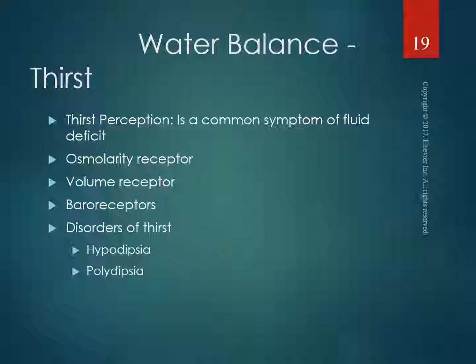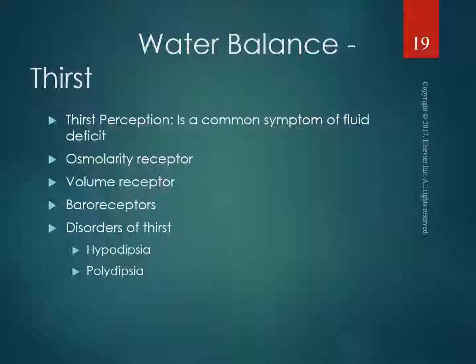As the volume in the arterial system declines, the blood pressure decreases, heart rate increases, and the pulse becomes weak and thready. Postural hypotension is an early sign of fluid deficit, characterized by a blood pressure that is at least 10 millimeters lower when the patient is sitting or standing than when lying down.